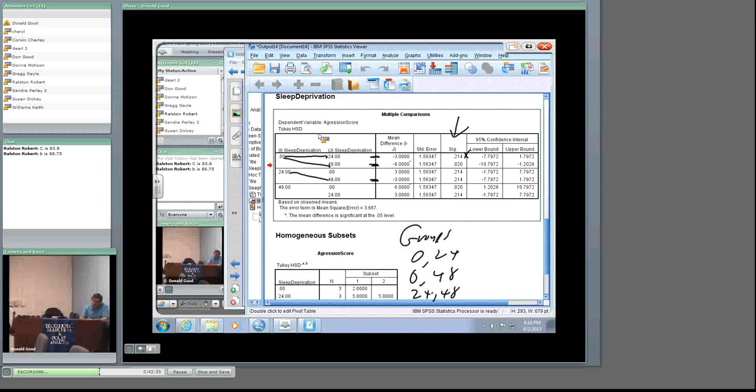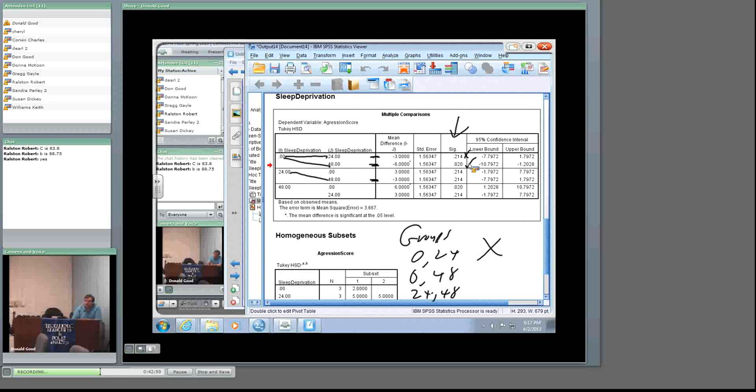There's not a significant difference between the means for 0 and the 24 groups. How about between 0 and 48? The 0 here, the 48 here. My p-value is 0.02. That is a significant difference. So I'm going to check that one. So there is a difference between the 0 and the 48 means.